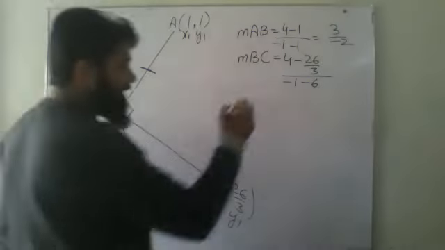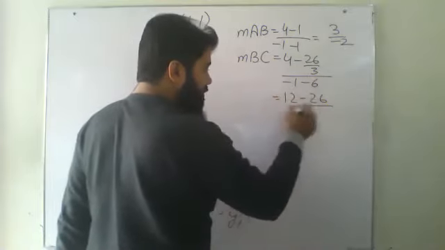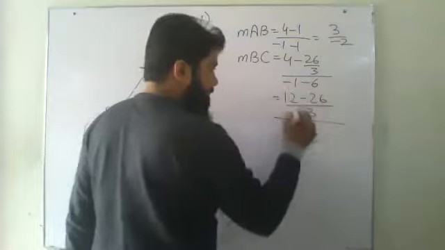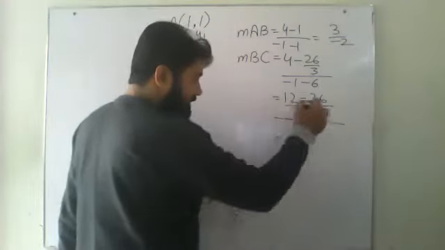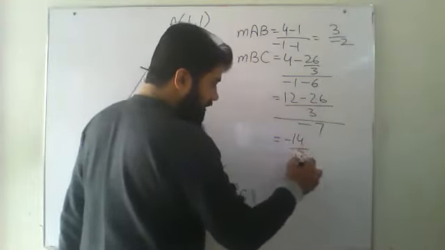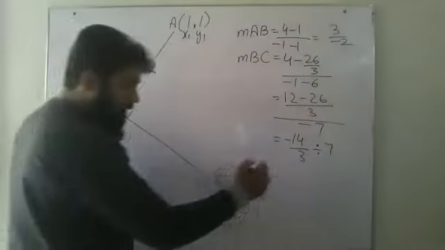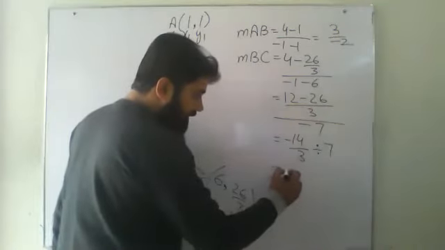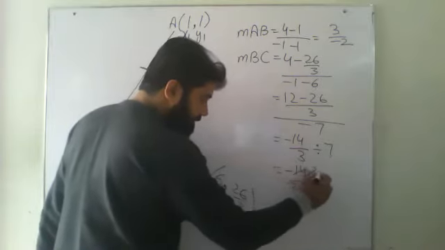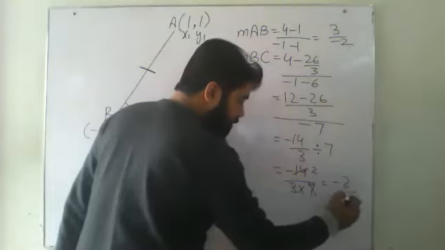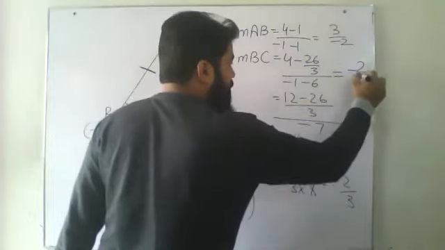Okay, simplifying it further, so this will become 3 4s are 12 minus 26 over 3 upon -7. Okay, this will become -14 over 3 divided by 7. So when I simplify it, minus 14, 3 into 7, cancelling it, minus 2 over 3. So the gradient of BC is coming minus 2 over 3.